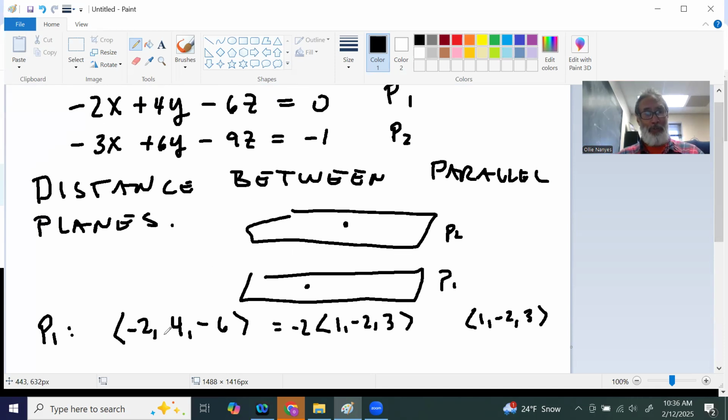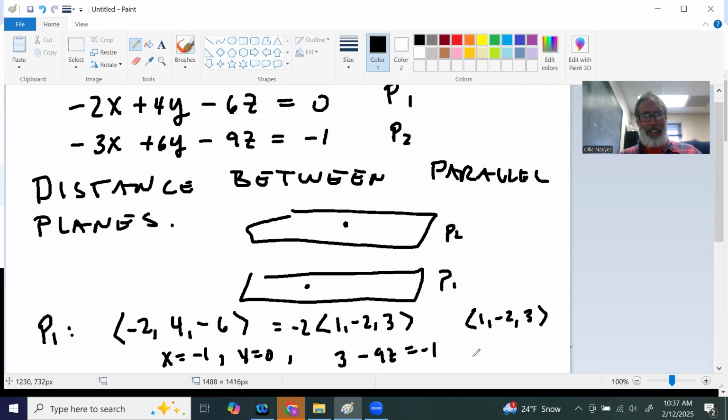Any point will do. Let's say we'd like to look at the point where x is -1. That makes this a 3. Let's say y is 0. That's a good one. So then we would have -1 times -3 would be a +3. Minus 9z is -1.